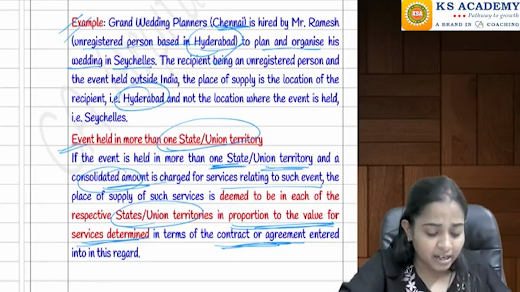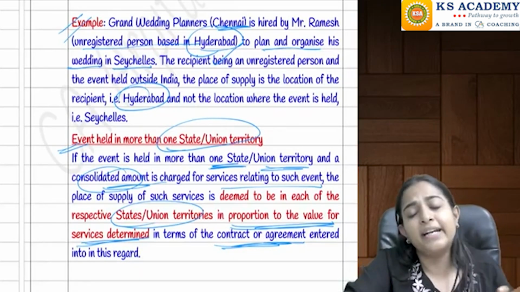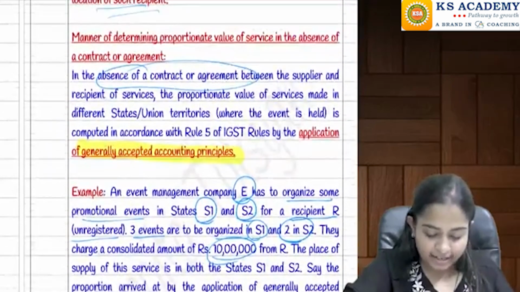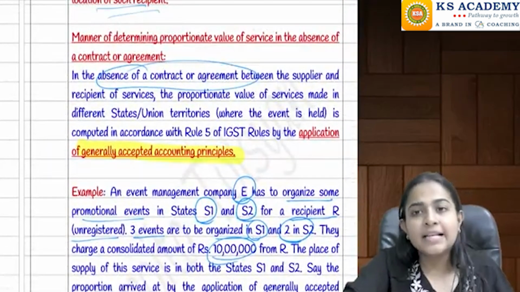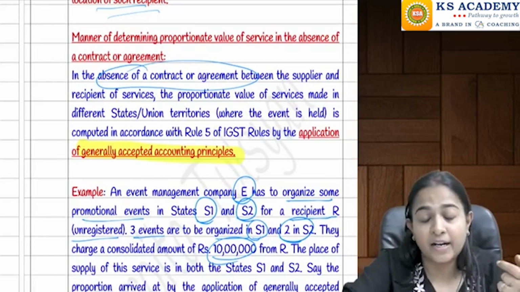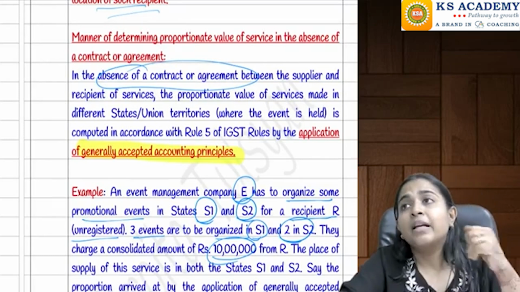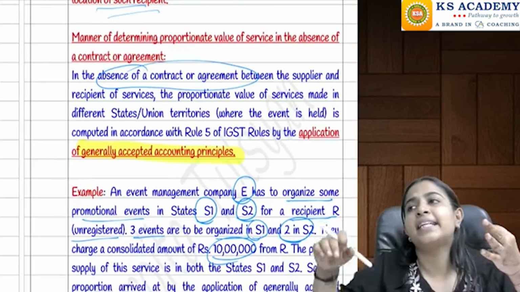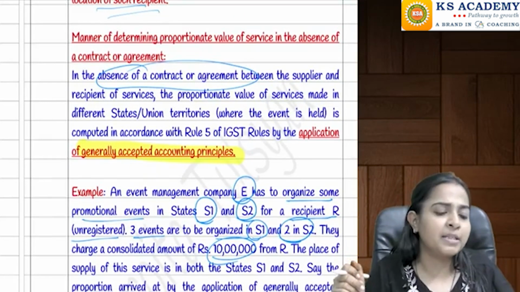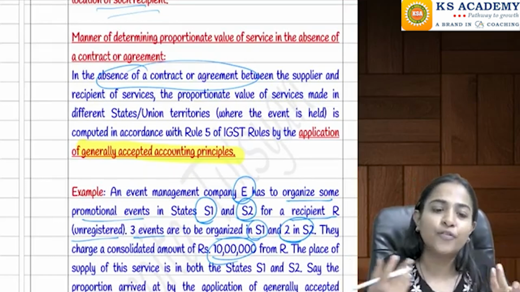Rationally divide the amount between the different states or union territories. Are you clear with this? For example, let's say 3 events were held in one state and 5 events in another state. Generally accepted accounting principle will be dividing the total amount in the ratio of 3:5.